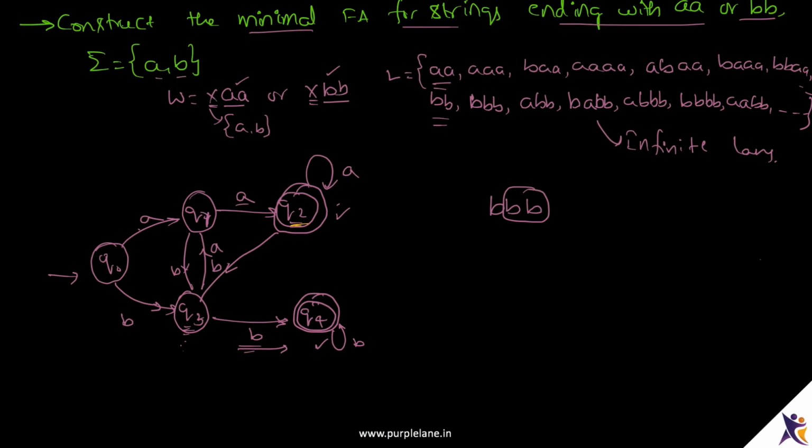On seeing A from Q4, we go to that state from where we can see one more A and reach the final state and accept the string if it ends with AA. That type of state is Q1. So on seeing A from Q4, it goes to Q1.